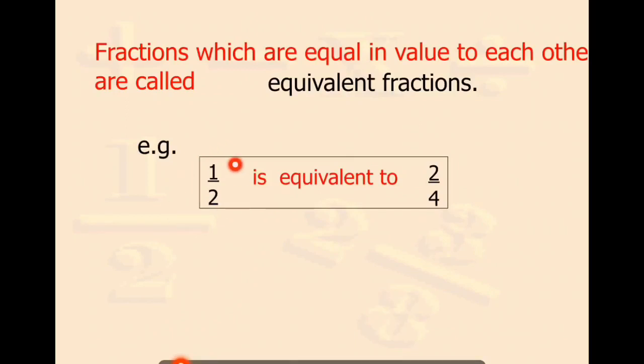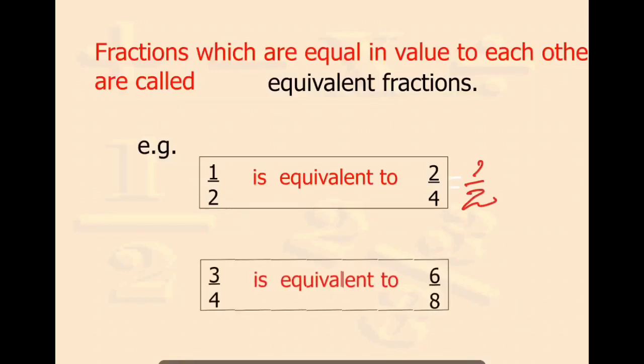For example, 1 by 2 is equivalent to 2 by 4. Why? Because 2 by 4, when it is expressed in its lowest form, gives you 1 by 2. Simple. Likewise, this 3 by 4 is equivalent to 6 by 8. Why?